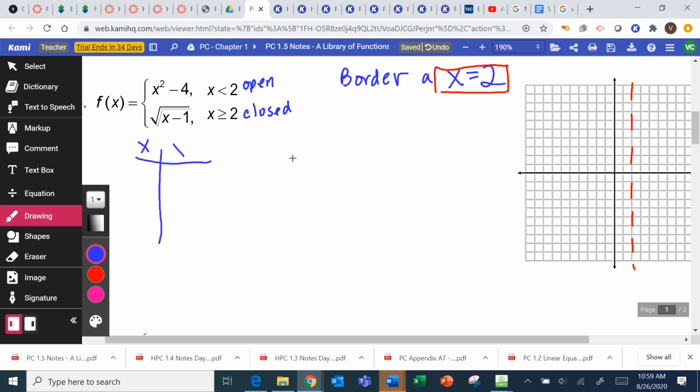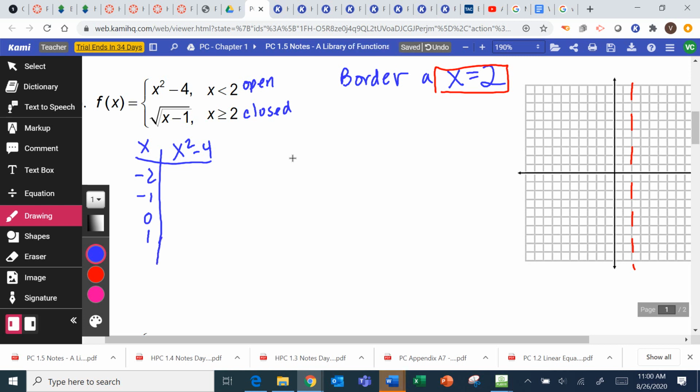So x squared minus 4. What kind of values could I put in my first table for x squared minus 4? 1, 0, -1, and 2. Would I put 2 in?